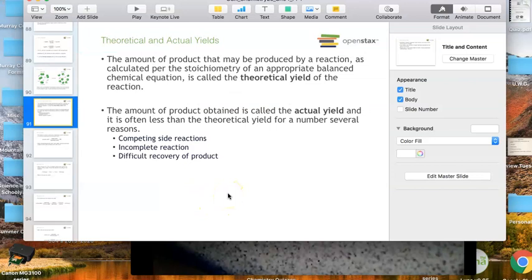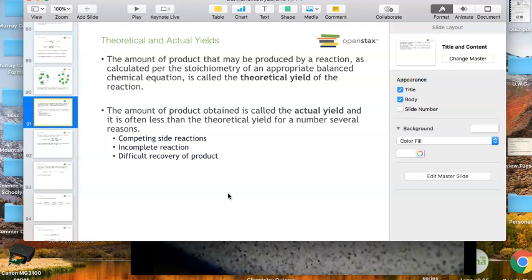Alright, so this is something that you've actually had experience doing before in the lab, and that's calculating percent yield. Okay, so we need to understand a couple of key concepts first before we try to do some calculations. There's a difference between a theoretical and an actual yield.